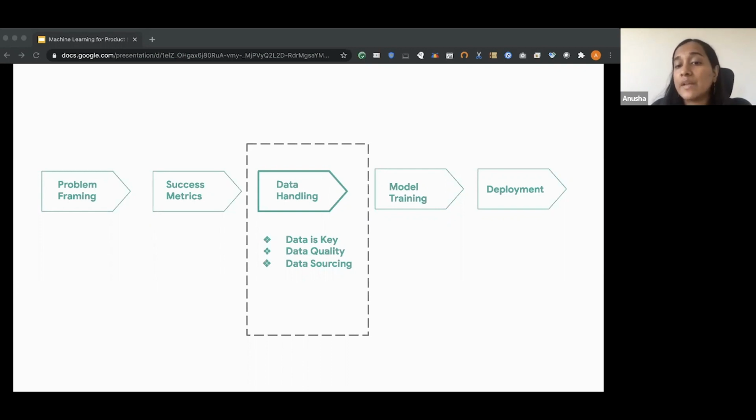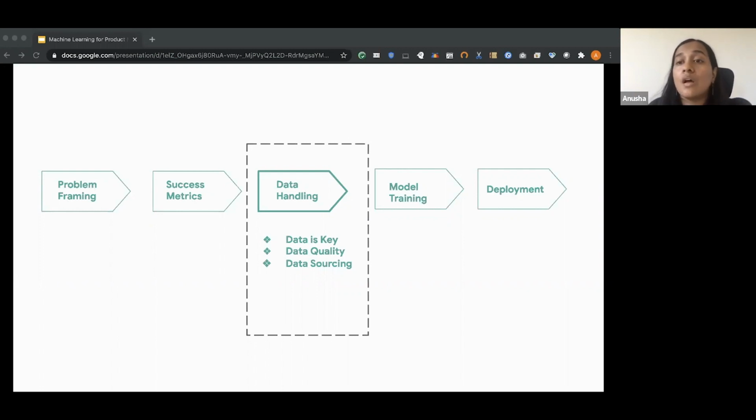So think about aspects of sourcing data responsibly. And a PM can actually lead the team in helping build this culture of sourcing data responsibly. Think of ways to collect good quality as well as complete data for the problem you're trying to solve.